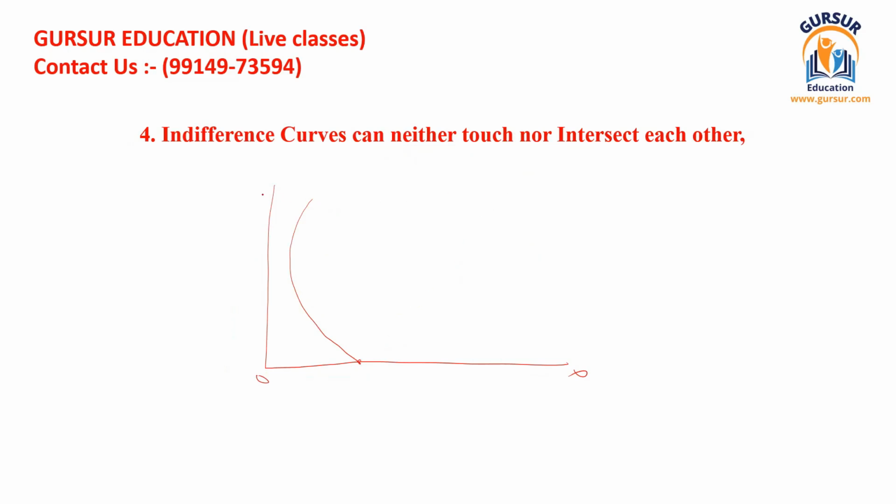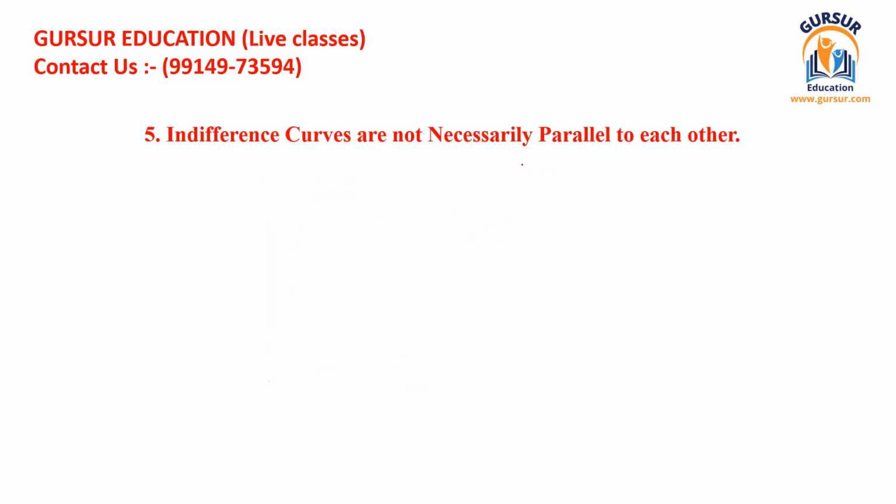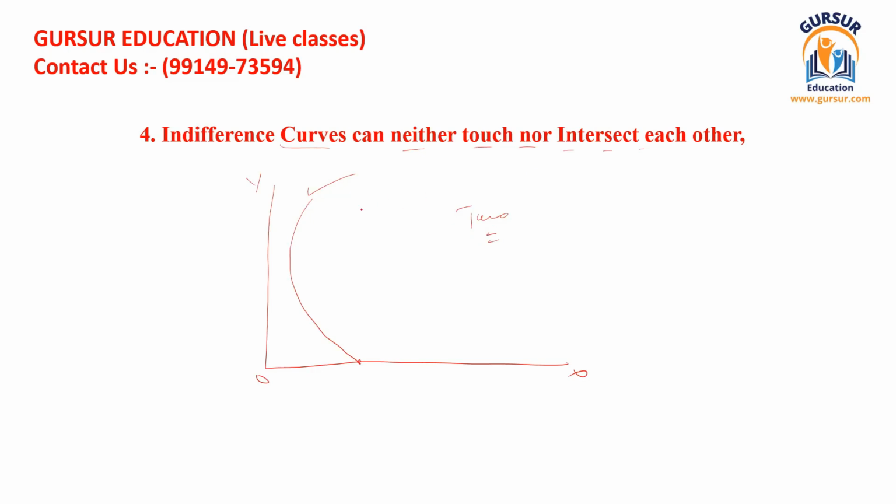You are consuming only the Y commodity, and this can never happen because we have to understand the combination of two commodities simultaneously. So this is why it is said that the indifference curve never touches any axis, and they do not intersect with each other as well.